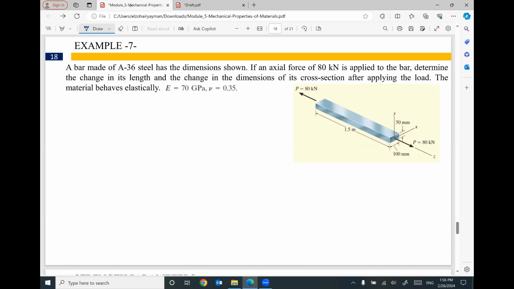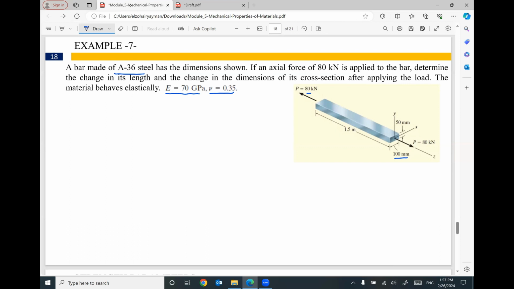We have another example here. We have a bar with rectangular cross section, 100 millimeter width and 50 millimeter thickness, and the total length is 1.5 meter. This bar is made from steel A36 with Young's modulus equal 70 gigapascal and the Poisson ratio 0.35. And the applied force equals 80 kilonewton.